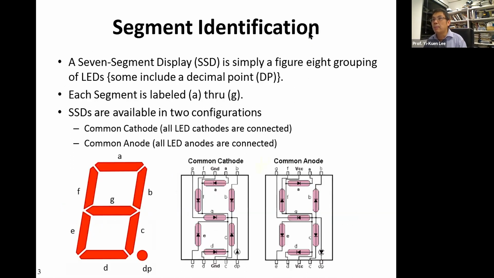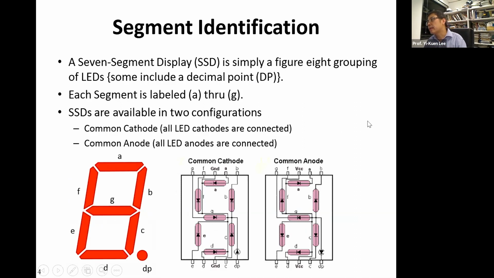That means, how can we identify this? It's actually 7 plus 1, a total of 8 segments. This 7-segment display is a figure-8 grouping of LEDs. Here you can see 8.